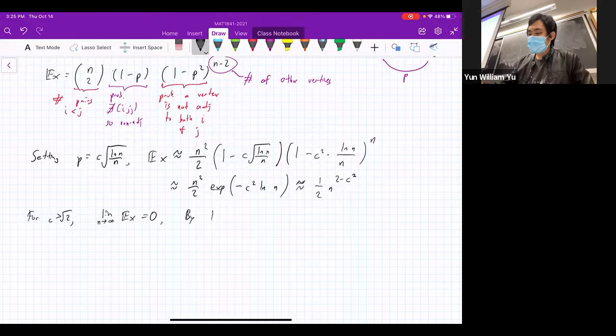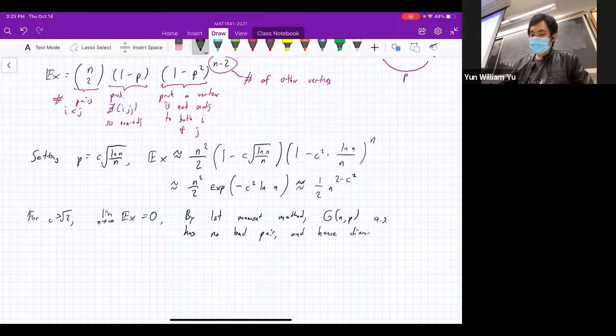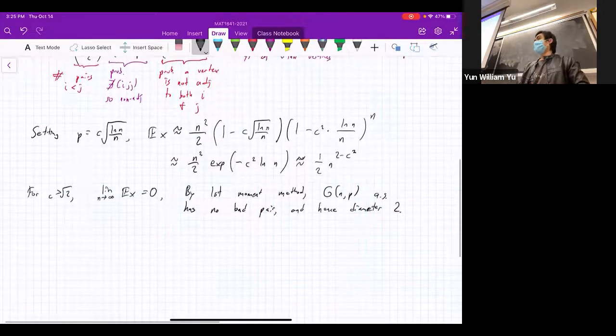So by the first moment method, G(n,p) almost surely has no bad pair, and hence diameter 2. Basically, if you don't have any bad pairs, you can't have diameter 3 or higher. So this is the easy direction, because this is the direction where we're just using the first moment method.